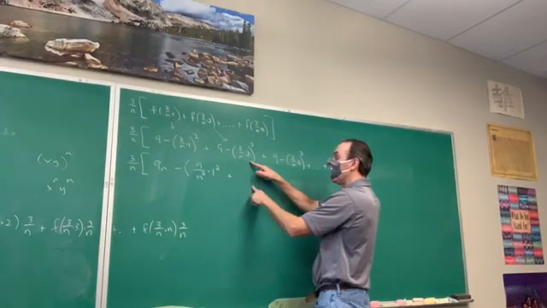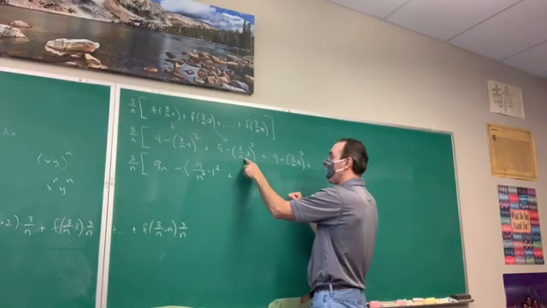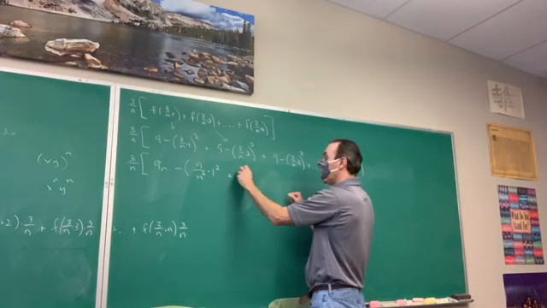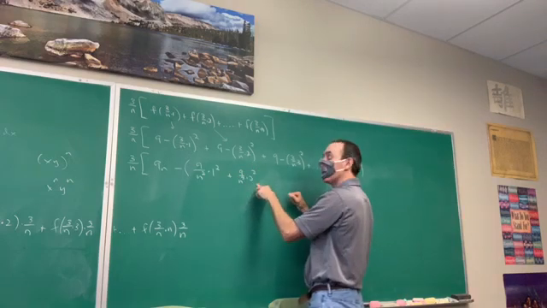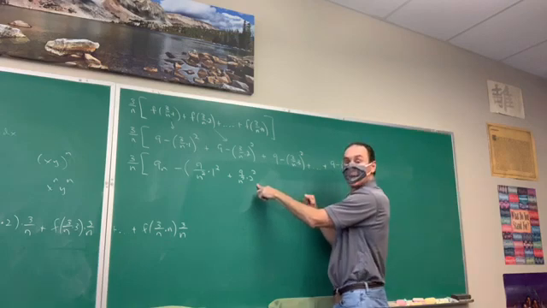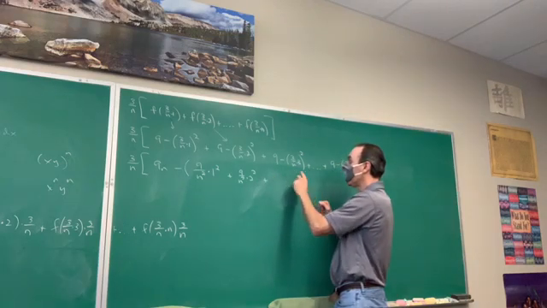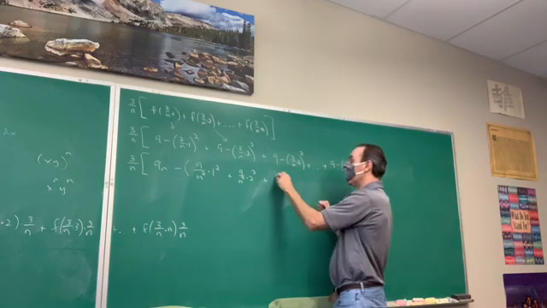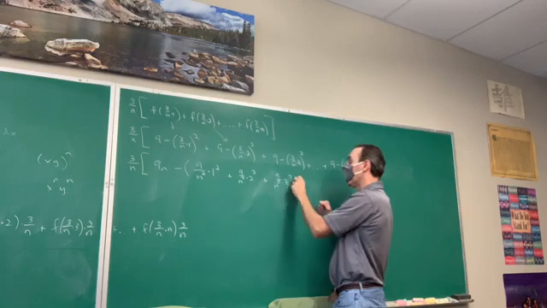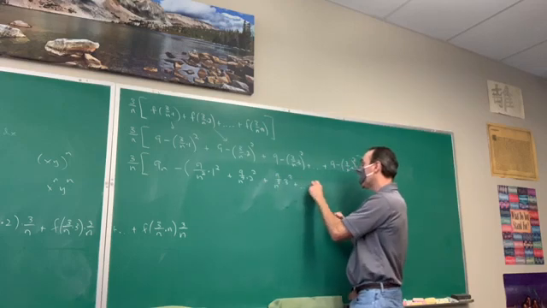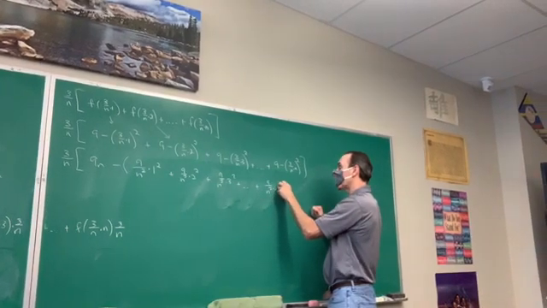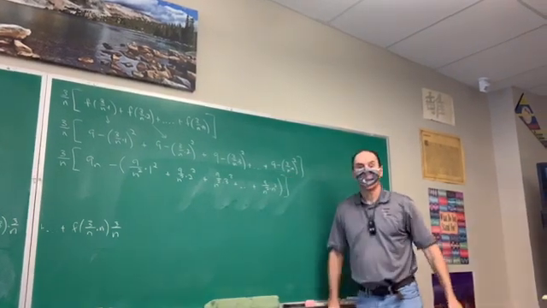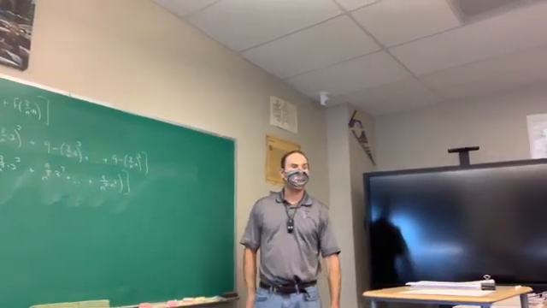This one is going to be 9 over n squared times 2 squared. With me? Plus, let's do the third one, 3 squared. Now we're running out to the nth one: 9 over n squared times n squared, and parentheses and bracket. Okay? More algebra.